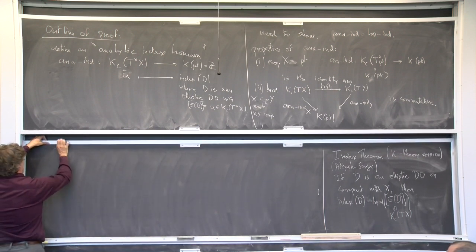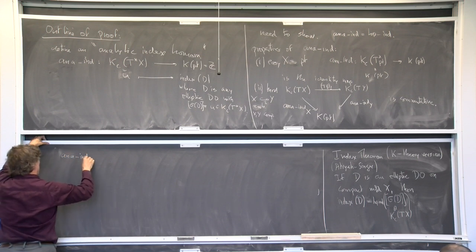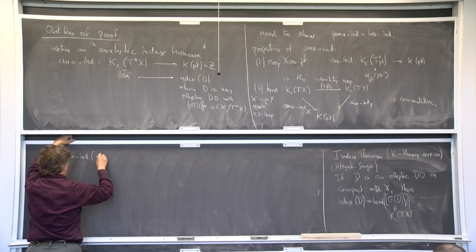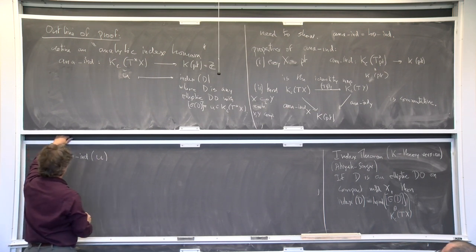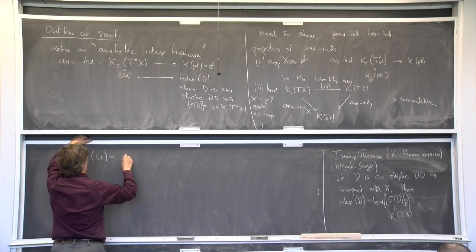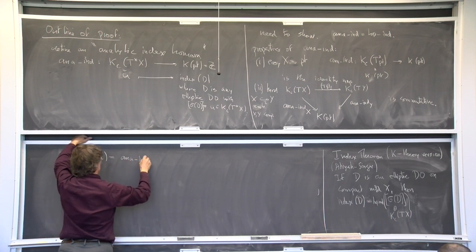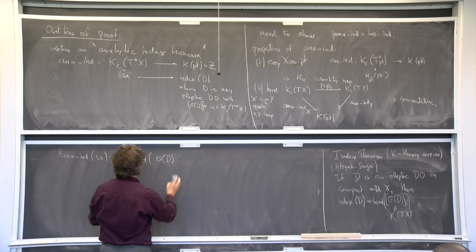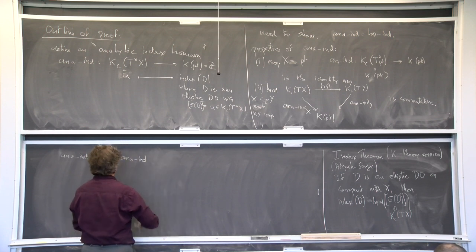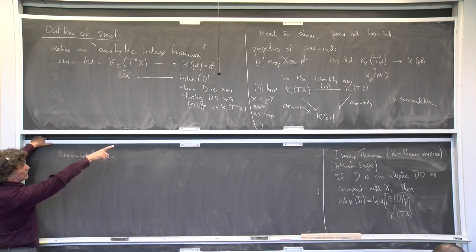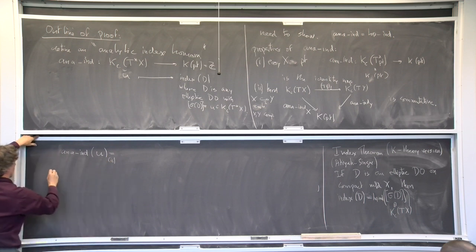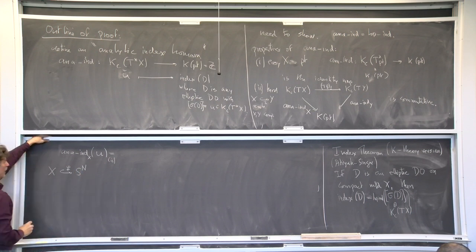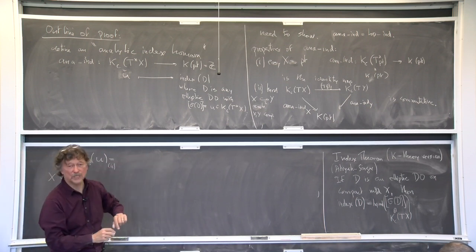Okay, so let me now look at the analytical index of an element U. So the first thing I'm going to do is use the second property here to embed X into some huge sphere by embedding F. Then by the second property, I have this commutative diagram here.